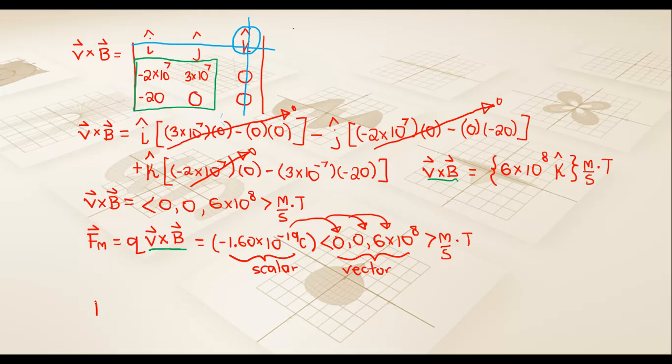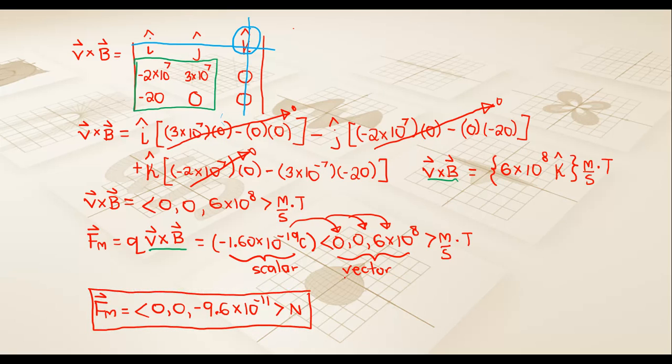So the magnetic deflecting force as an ordered triple would be, well, the first two you're multiplying by 0, so it'd be 0, comma 0, and then negative 1.6 times 10 to the negative 19 times 6 times 10 to the 8 would give you negative 9.6 times 10 to the negative 11, and the units would be newtons. If you multiply coulombs by meters per second times Tesla, it would give you newtons. Okay, that's what it would be as an ordered triple.